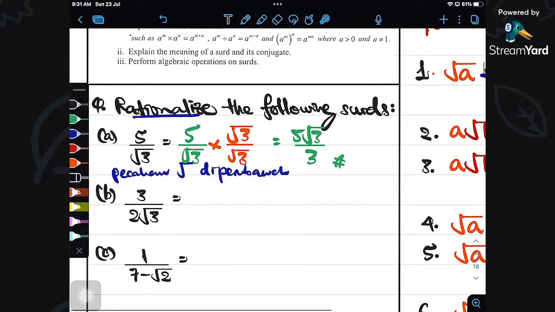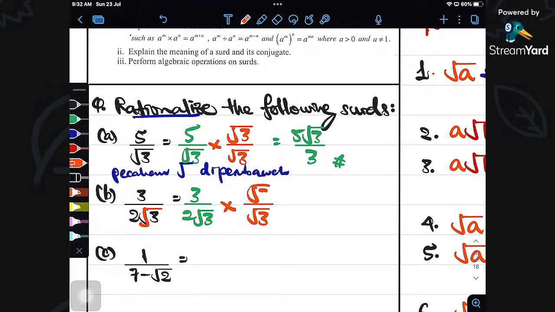And so here goes the next question. Salin dulu soalan again. 2 times square root 3. Don't forget to rationalize it. Okay, dah nampak problem? Problem kita adalah square root di bahagian bawah. Times it with itself, supaya hilang square root tersebut.